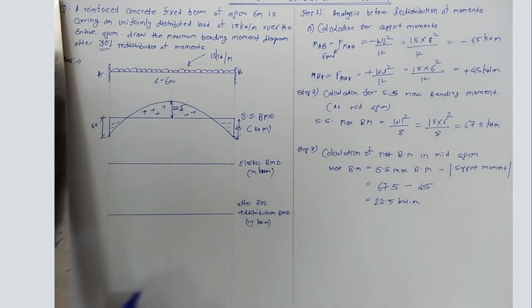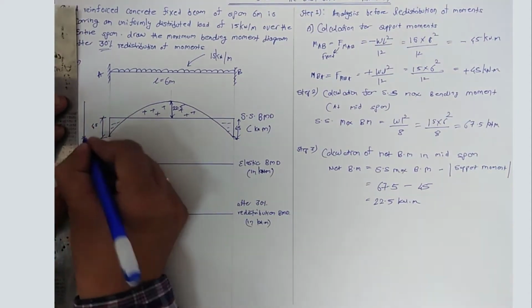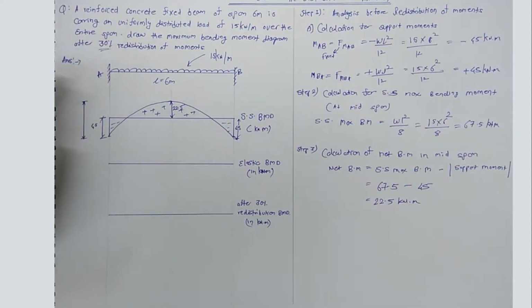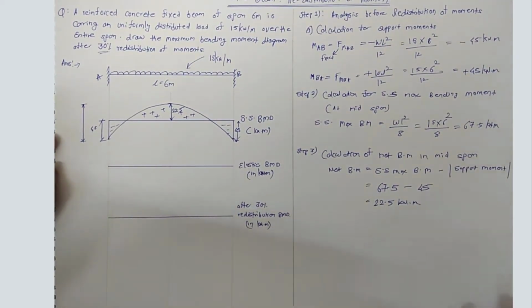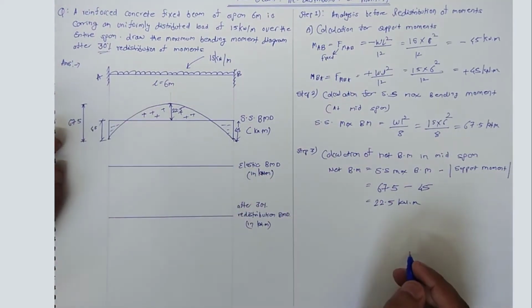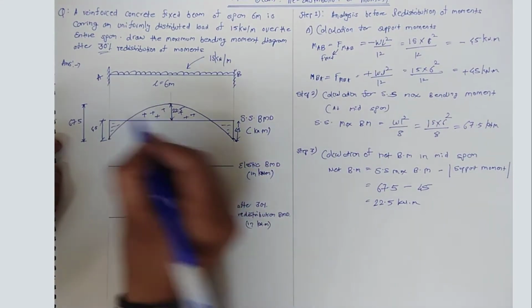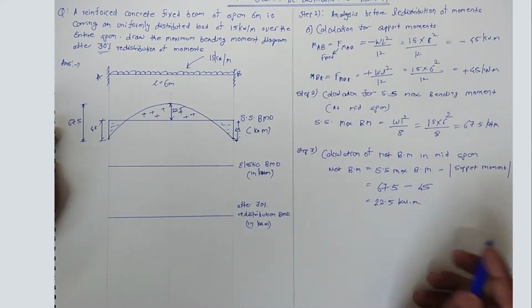If you calculate from here to the entire height, it will be 67.5. Get it? Clear? I hope up till now you have understood this.